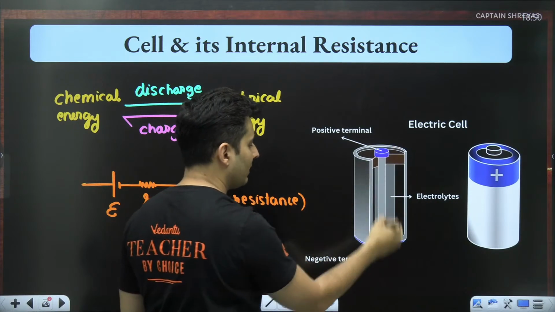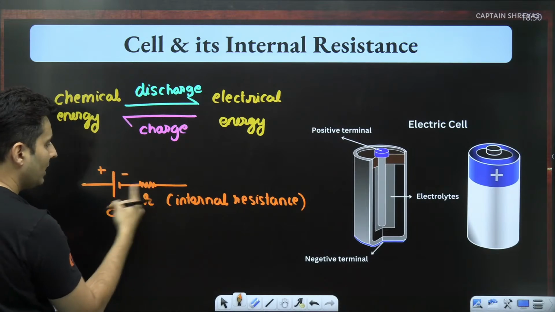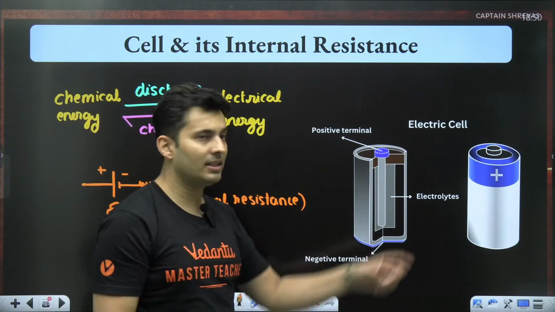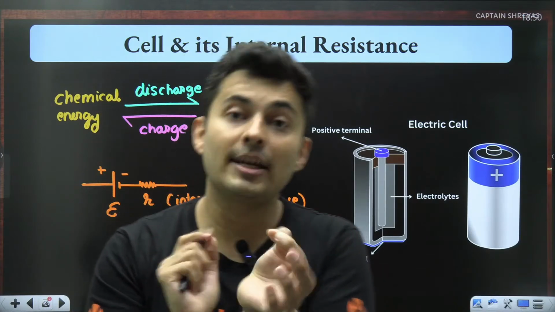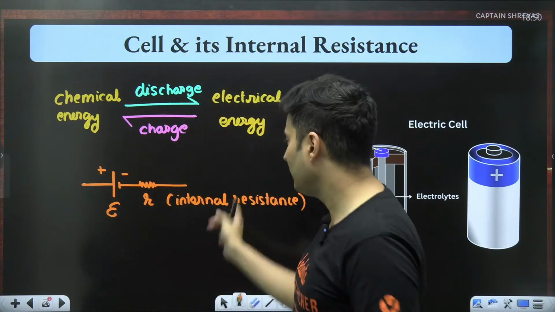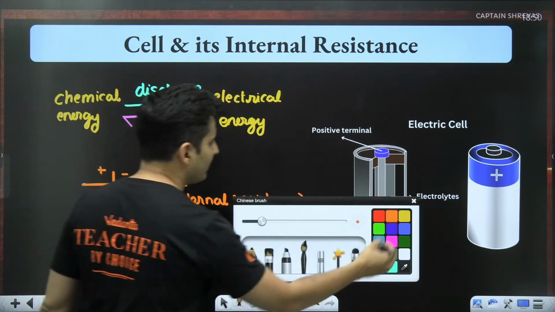This is the positive terminal, this is the negative terminal. Inside that, there is some resistance of that fluid, not that air resistance. This is the electrical resistance that we call the internal resistance. Is that absolutely clear? Please bear this in mind.